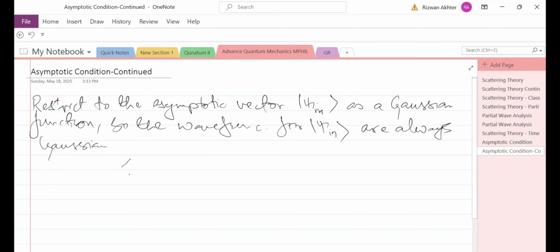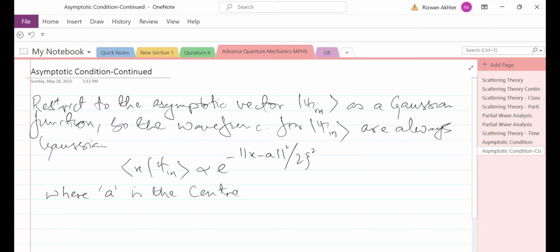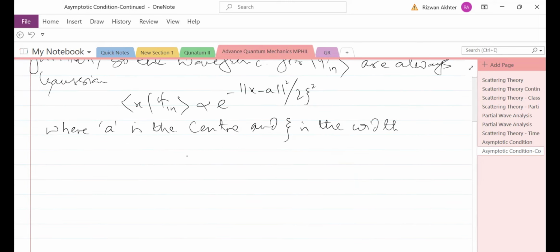In position space, this is proportional to e to the power minus (x minus a) whole square divided by 2 xi square, where a is the center of the Gaussian function and xi is the width.